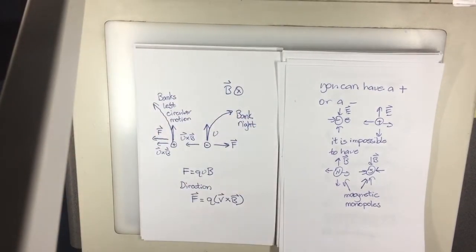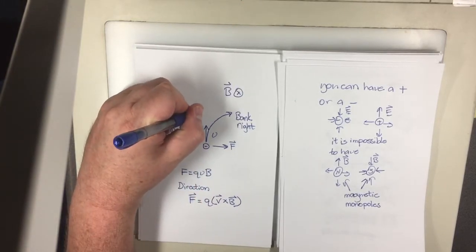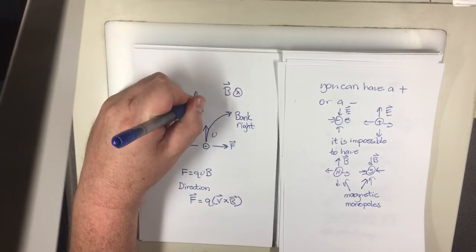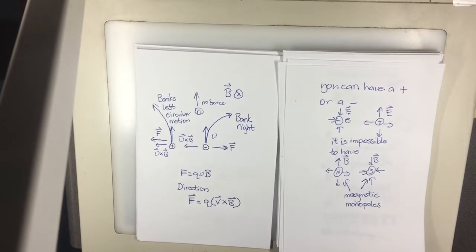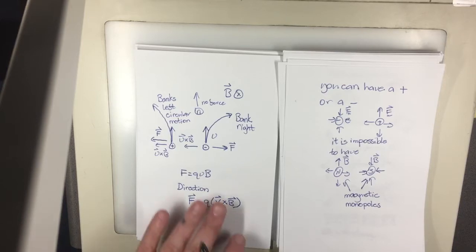If the B field was coming out of the page rather than in, the forces would be flipped. If it was a neutral particle, no force. And why is that? What's the charge of a neutral particle? 0. So 0 times V cross B is 0. So we don't have to worry about that.